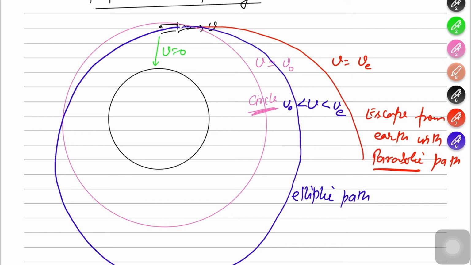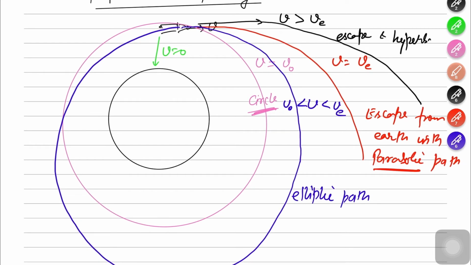Now what happens if it is projected at a velocity greater than escape velocity? Then again it will escape from Earth and follow a hyperbolic path. The path will be a hyperbola.